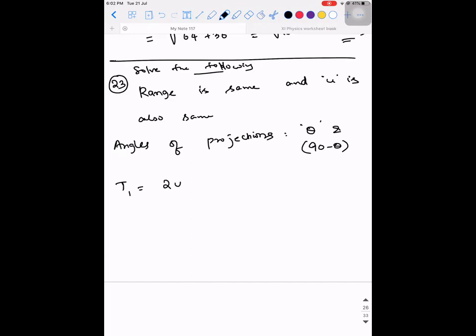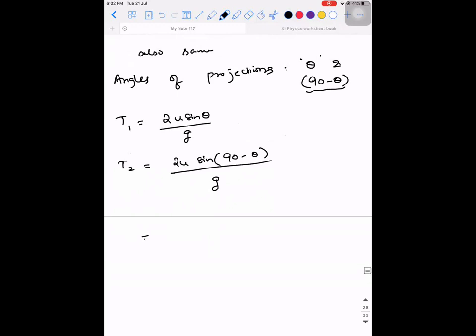T1 is 2u sine theta by g. Then what will T2 be? 2u sine of 90 minus theta divided by g. Sine of 90 minus theta is nothing but cos theta, so T2 will be 2u cos theta divided by g.